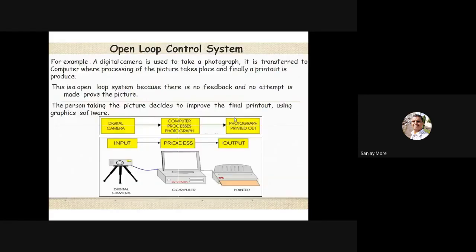Next slide. For example, a digital camera is used to take a photograph, it is transferred to a computer where processing of the picture takes place, and finally a printout is produced.